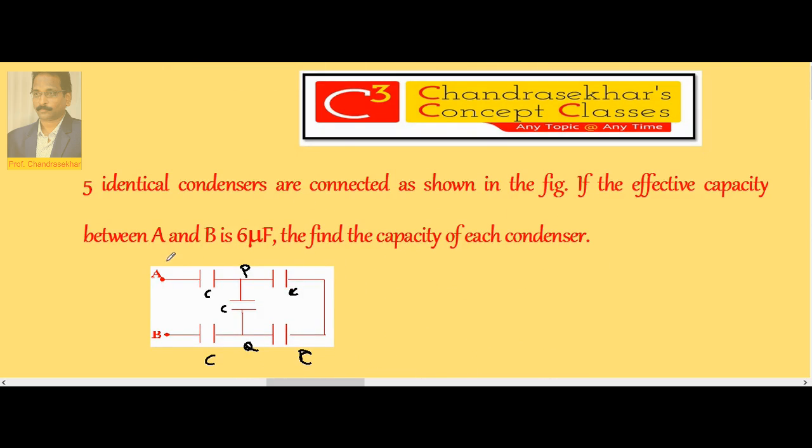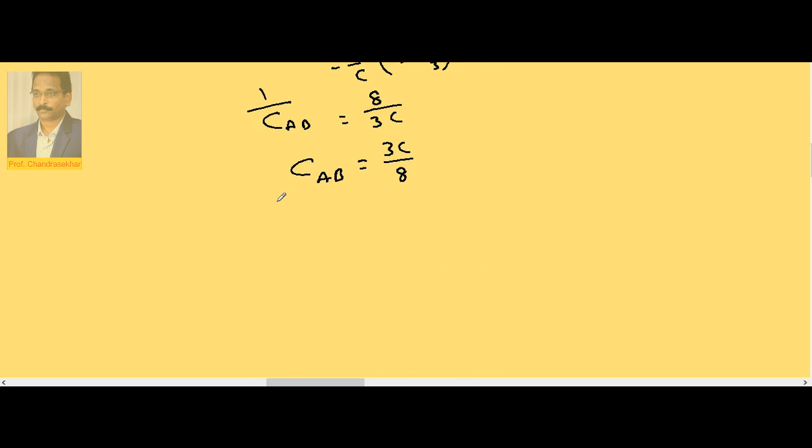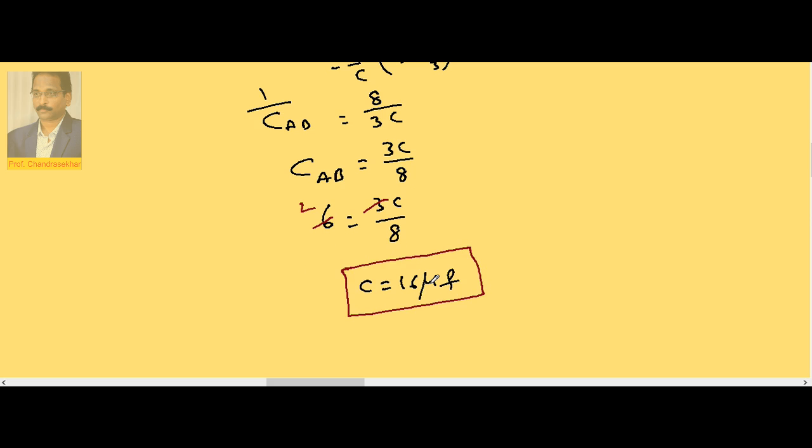This value is already given: the effective capacity between A and B is 6 microfarad. So substitute: 6 is equal to 3C by 8. Therefore C is equal to 8 into 2, 16 microfarad. Since the equivalent capacity is 6, the value of C is 16 microfarad.